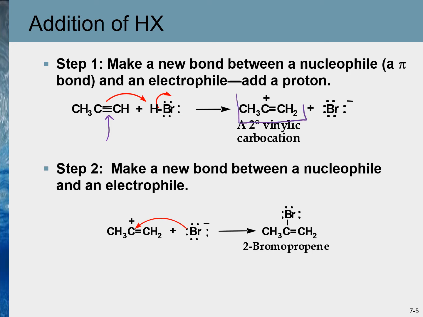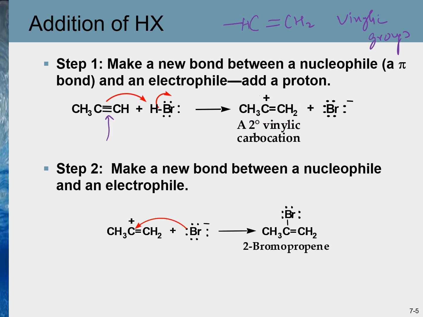This will result in formation of a carbocation, and in this case we get a secondary vinylic carbocation. A vinylic group has a structure in which we have a carbon-carbon double bond. So this group is known as a vinylic group. Vinylic group is a common name for the ethene functional group. So as you can see, this carbocation also contains a vinylic part, so therefore it's known as a secondary vinylic carbocation.